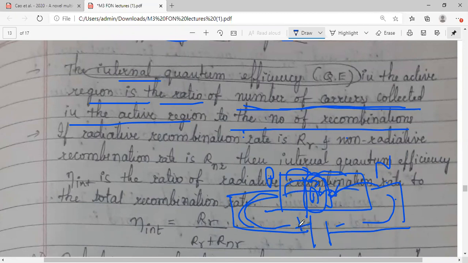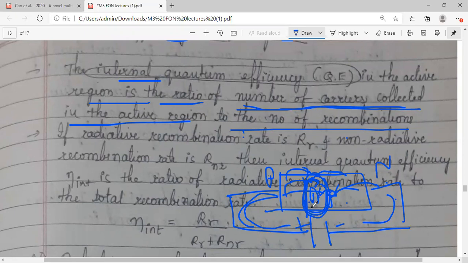Due to the forward bias, how many charge carriers are collected in the active region? And out of these collected charge carriers, how many have recombinations? Electron-hole pairs have opposite charges, so obviously they recombine. So the recombination process takes place inside, but every hole and every electron may not recombine.